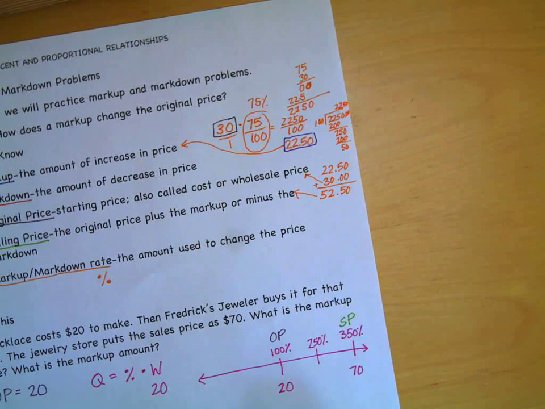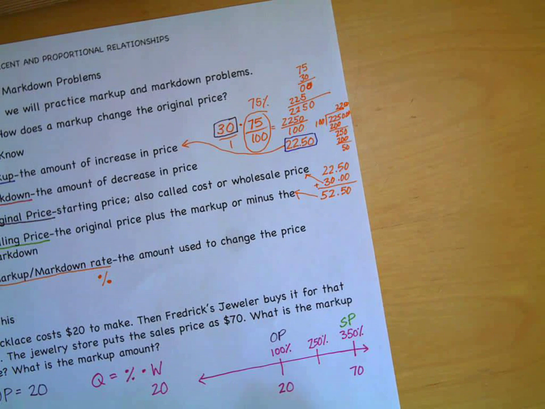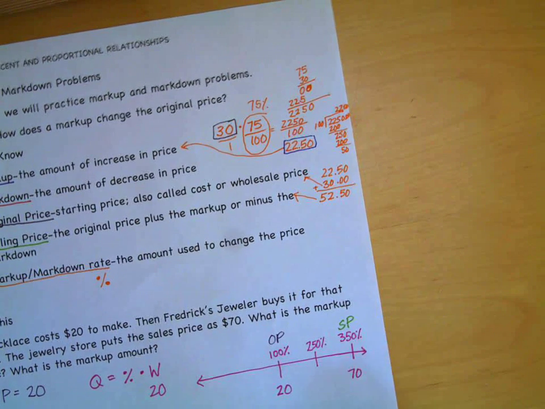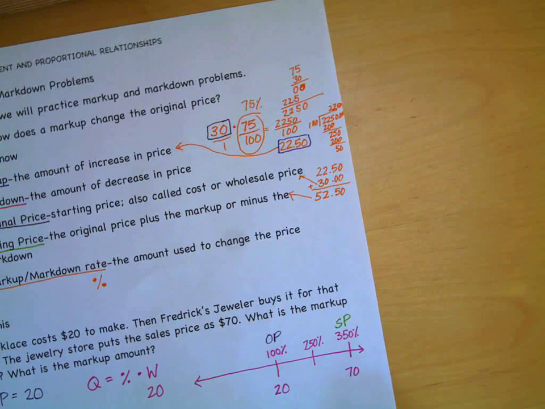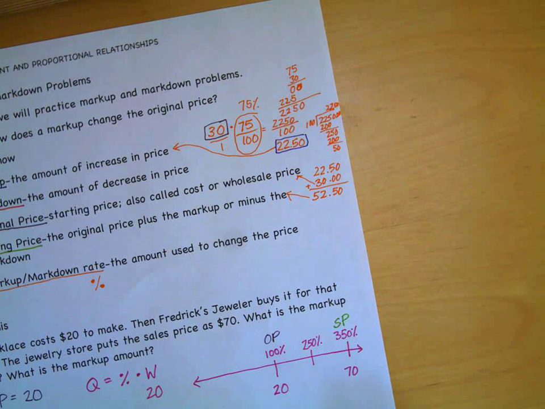So if we take 20 over 1 times 250 over 100, then we would get 250 times 20, 0, 0, 0, placeholder, 0, 10, 5. Add those together, and you get 5,000.